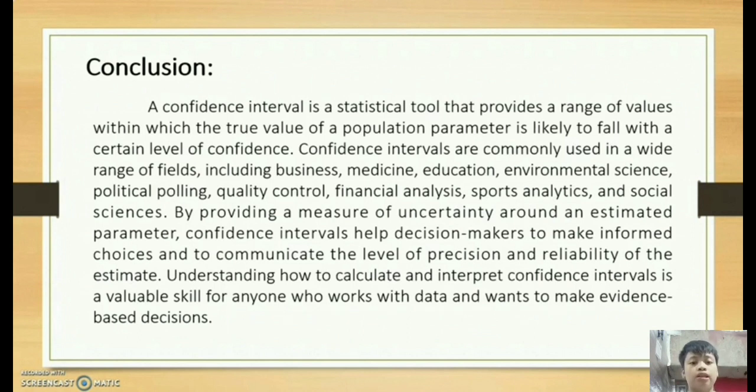By calculating a confidence interval, we can communicate how certain we are about our estimate, which can help people make more informed choices. So, if you work with data, knowing how to calculate and interpret confidence intervals is really important.